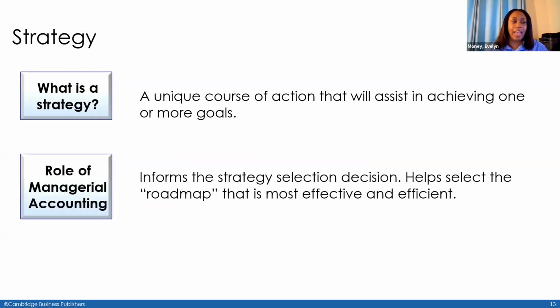Well, this is where managerial accounting comes in, because it really does inform that selection decision. And we're going to, in a video in the future, look in detail at 3 specific strategies that are related to managerial accounting that will help organizations achieve their goals.